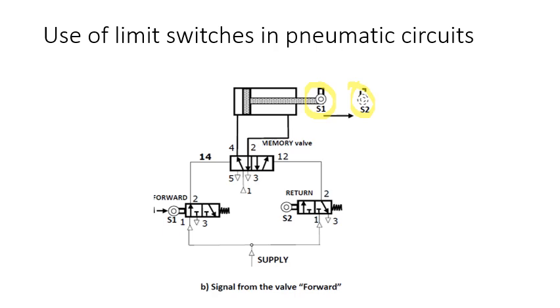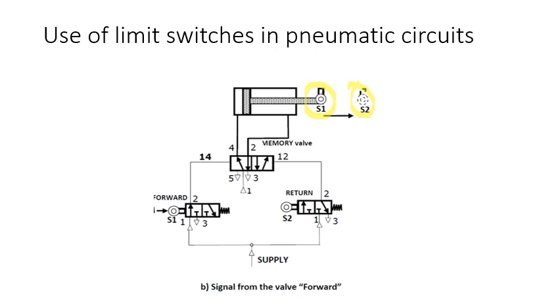These two limit switch outputs are connected to the main memory valve, and the limit switches also have an air supply from the compressor, right? They require an input signal as pressurized air, and they give the signal as pressurized air only. Nothing but the working medium is air itself, right?